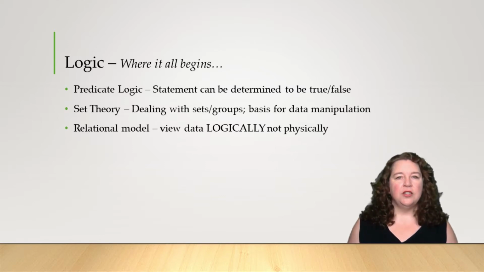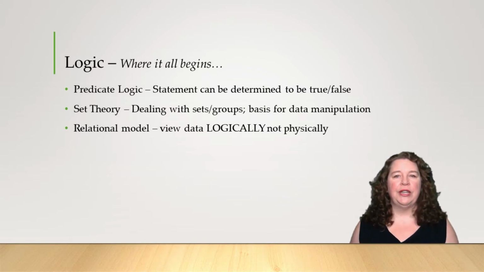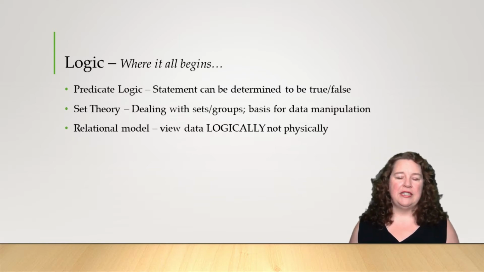Set theory deals with sets and groups, and it helps you to understand the data manipulation that we're going to be doing. Understanding what happens when you run an update query on an entire set. Is it going to update all of it, or is it going to update a portion of it? How that set theory works when you're working with a set of data. If any of you have taken a higher order math class, you might have heard that word, set theory. So we're going to use some of that logic in our database design.